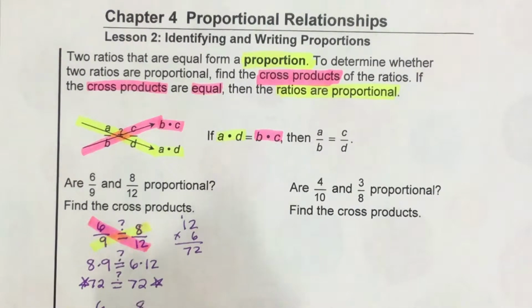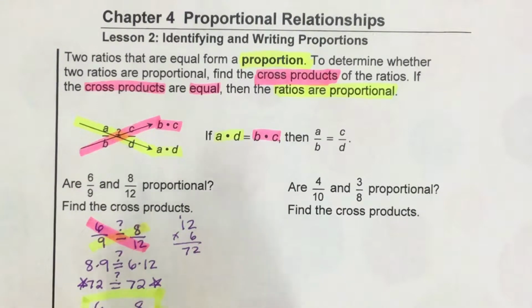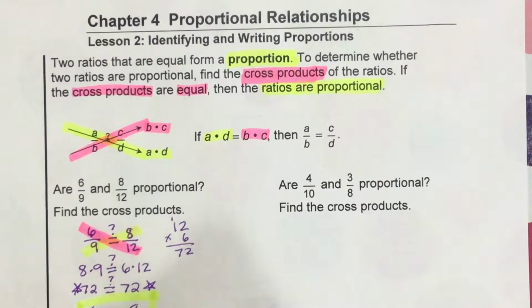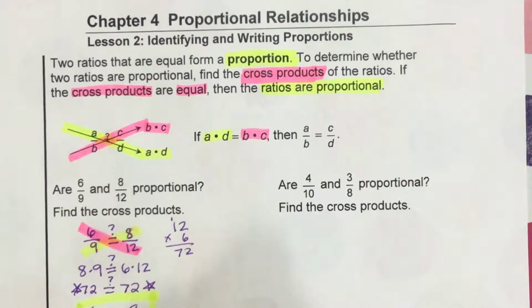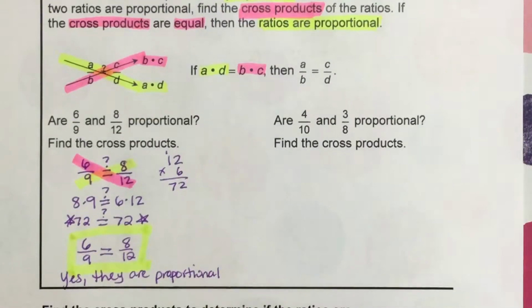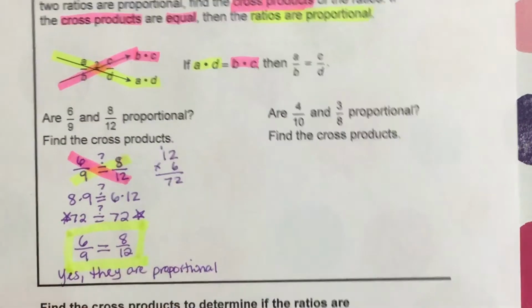It is equal to 8 over 12. So yes, they are proportional. They're equal to each other.